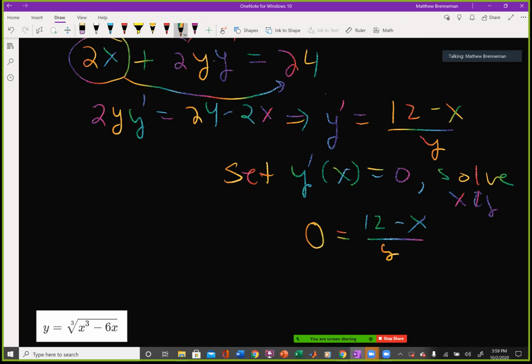Let me ask this a different way. If you have a fraction equal to 0, what do you know has to be true? What has to be 0? The numerator, right? Whenever you have a fraction equal to 0, the numerator has to be equal to 0. Okay? So we can solve for x.